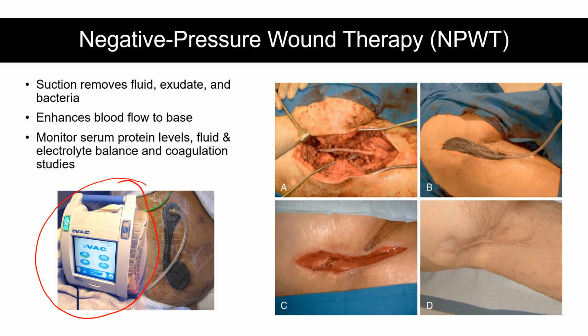We also want to monitor fluid and electrolyte imbalance in general, and coagulation studies, because if a patient has prolonged bleeding times, so maybe they're hypercoagulated and they're hooked up to suction and they have this open wound, you may come in the room and find this whole canister full of blood. So we don't want that to happen. So we want to keep an eye on those labs to make sure that they're not at risk for that.